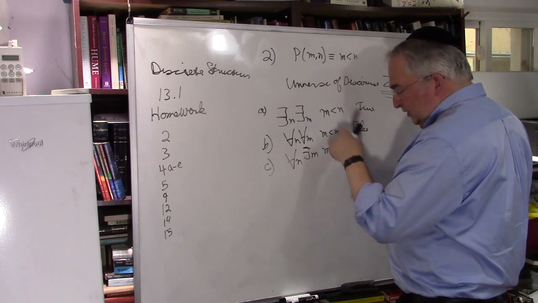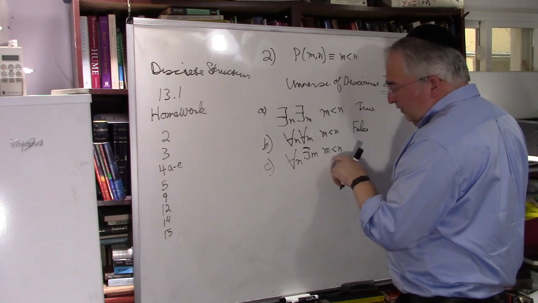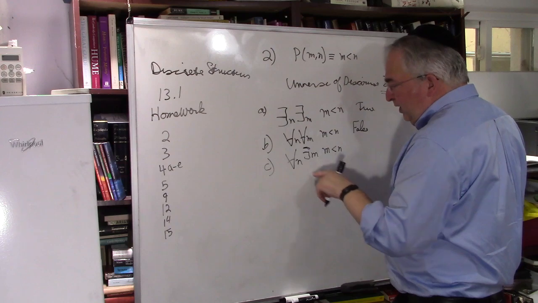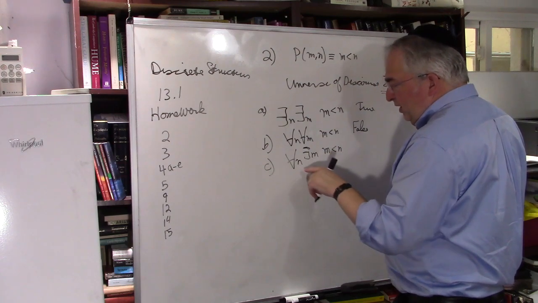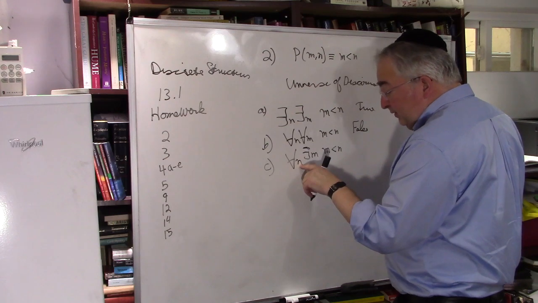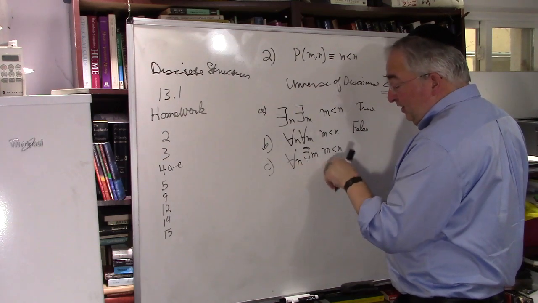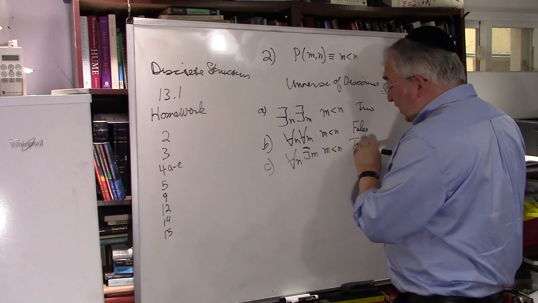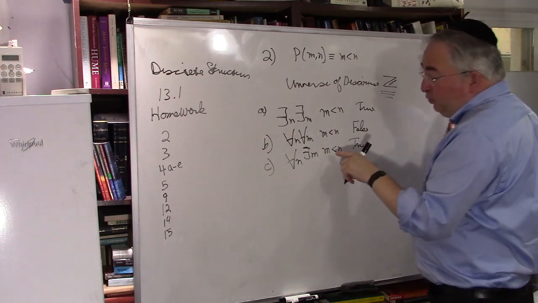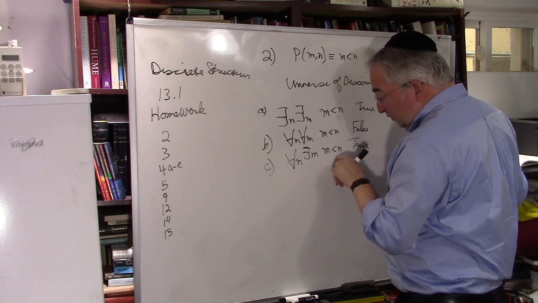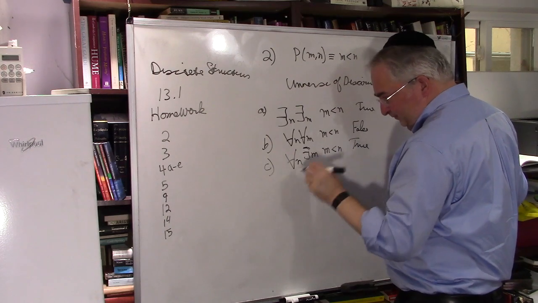That's true. 52, well, 25 is less than 52. 7, well, 3 is less than it. 0, well, negative 1 is less than it. Negative 5, negative 6 is less than it. So this is true. It would not be true in the natural numbers. Why? Because nothing is less than 0.